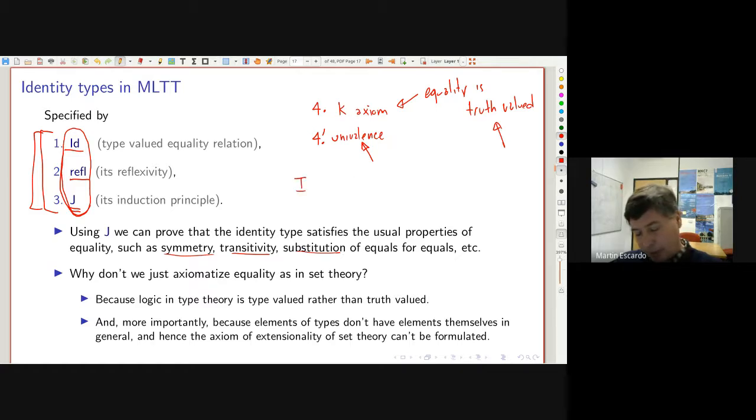If you have 2 types in the universe, and then you form the identity type according to the axiomatization we gave in the previous pages, and you consider the type of equivalences. So I would need to define what an equivalence is, but think for the moment, think bijections. That's the best approximation.